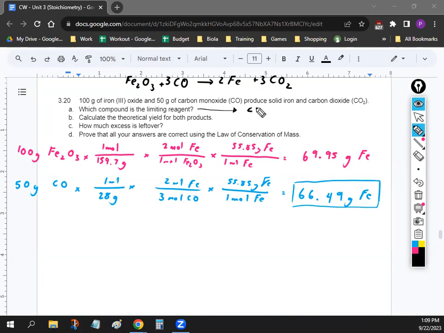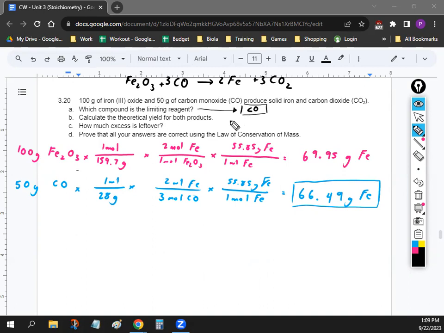CO, because we run out of carbon monoxide first, and we stop at 66.49. All right, I do want to pause and ask again, does everybody go with that part, the stoichiometry? Everybody good? Okay. All right, let's move on to part B.